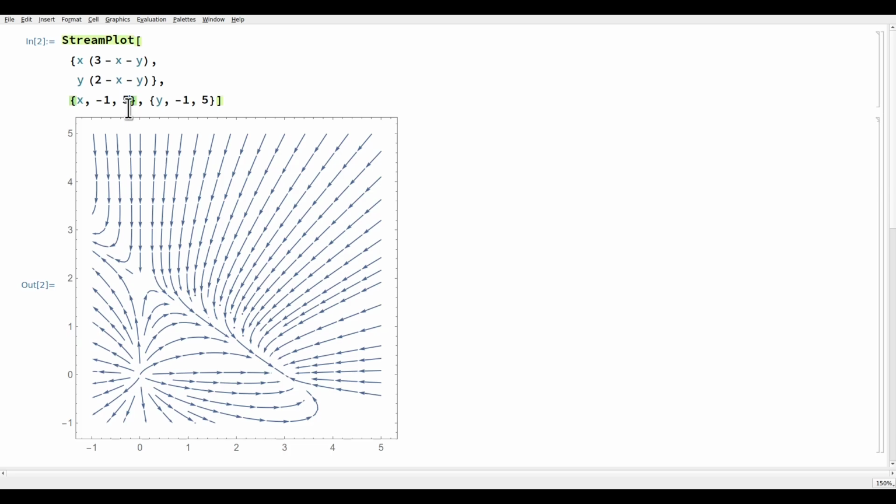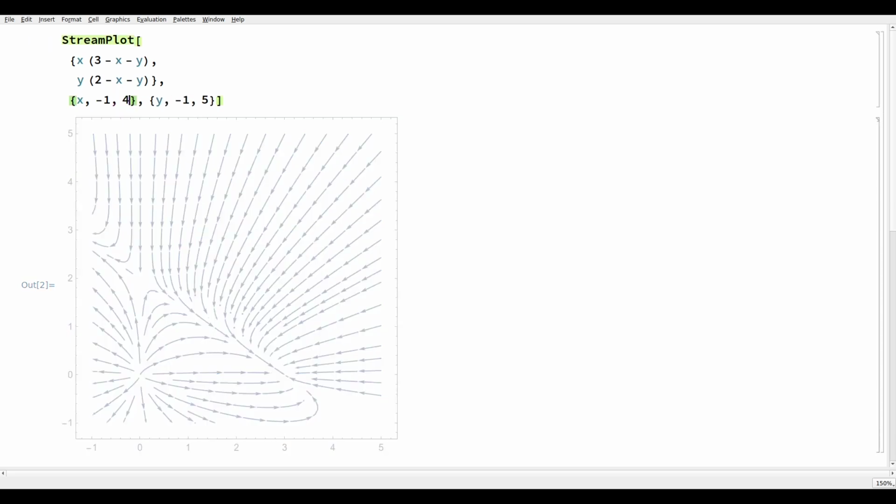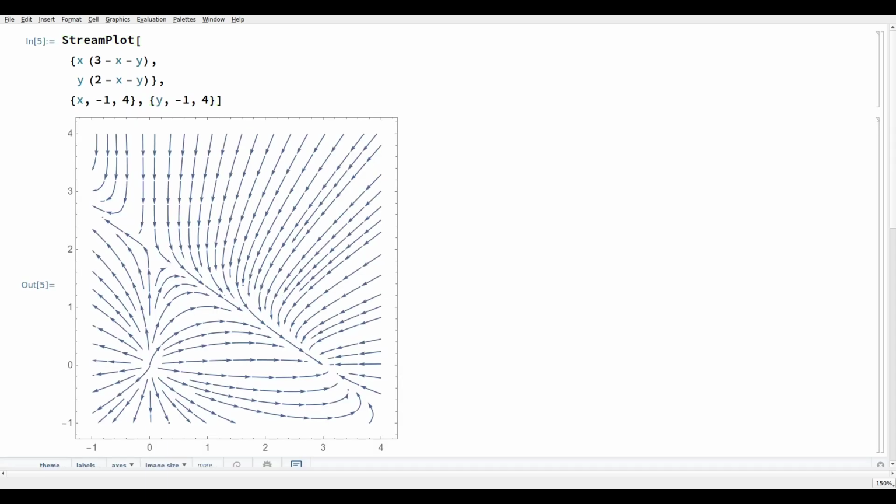Let me see if I can zoom in a little bit and make these fixed points a little easier to see. Okay, so there's an unstable node here, there's a saddle here, and then there's a stable node here, and right down here is that invariant line, which was, what was it again? 2x plus 3y equals 6.